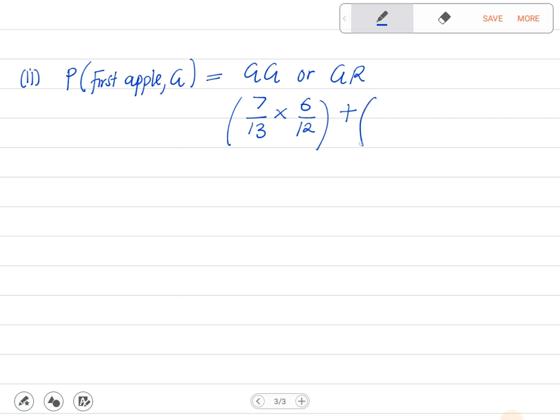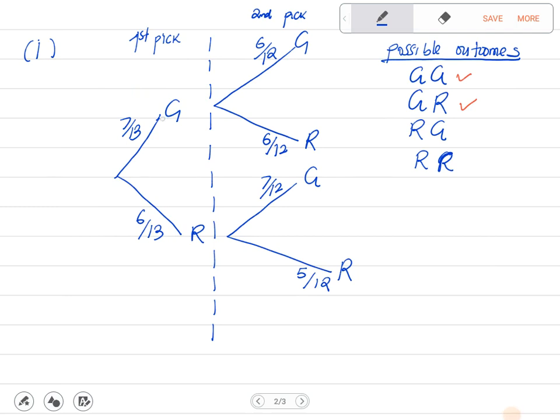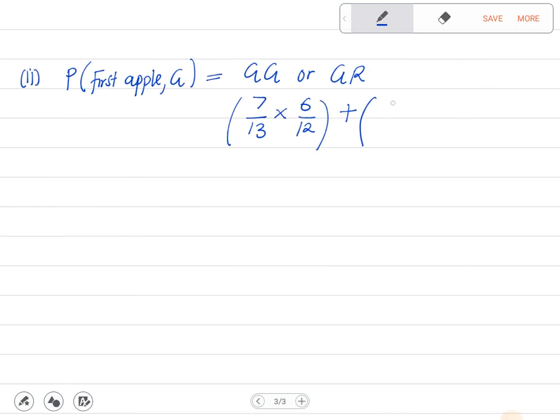Then GR. G is here, then R is there. So G first is 7 over 13 and 6 over 12 again. 7 over 13 multiplied by 6 over 12. It's 3 marks. This question was 3 marks, by the way. So, well, we can just reduce this. 7 over 13 and half.